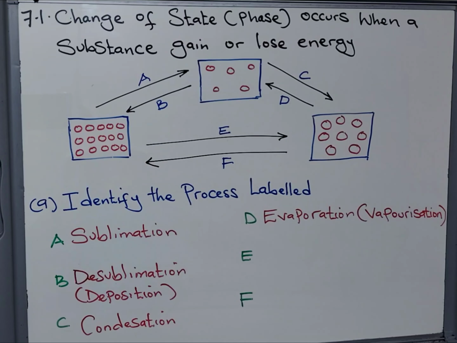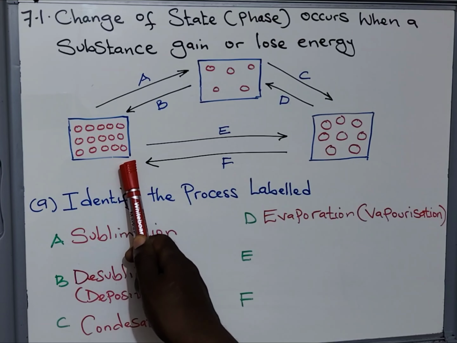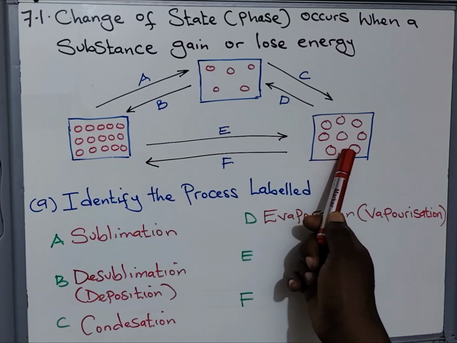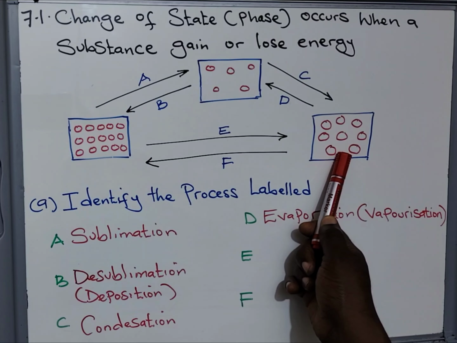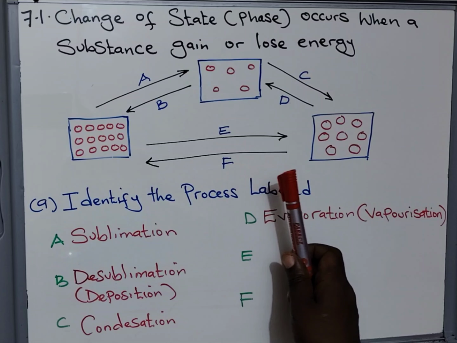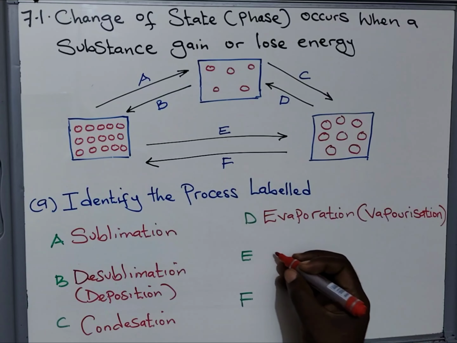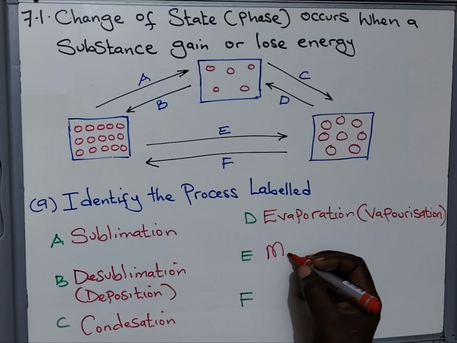Okay, then we come to E. E is changing a solid to a liquid. What do you call that process where a solid changes into a liquid? We call it melting.